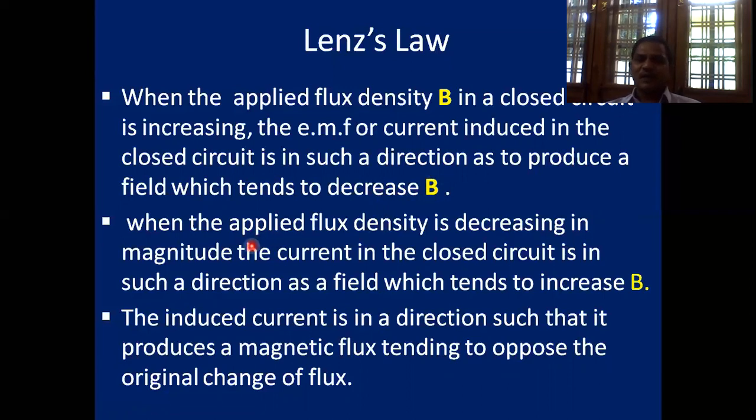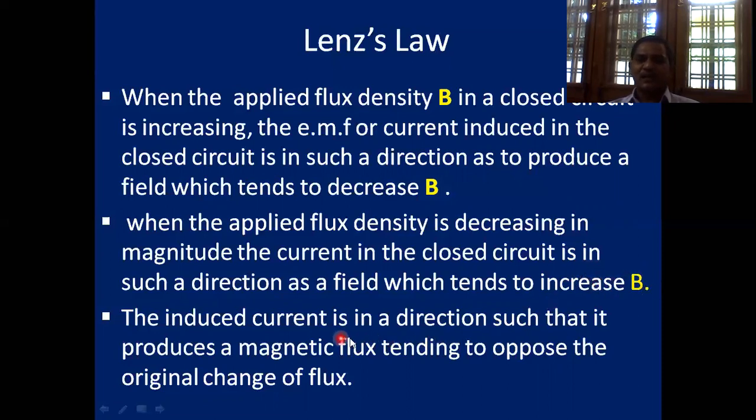Similarly, when the applied flux density is decreasing, that is the second case, when the bar magnet is moving away from the coil, the magnetic flux density is decreasing in magnitude. Therefore, the current in the closed circuit is in such a direction that it tends to increase the field, because in that case, as we discussed, an attraction force exists because a south pole is forming at that face that will attract the north pole of the bar magnet, which will increase the magnetic flux again.